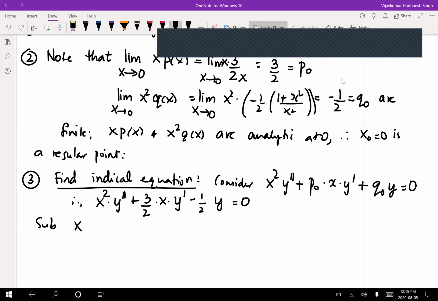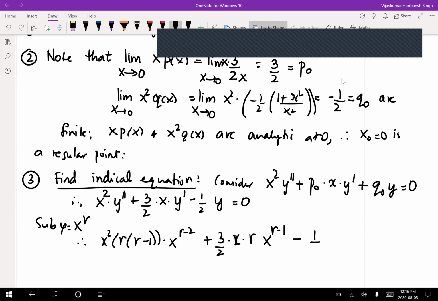Now to find the indicial equation, substitute y equals x to the r. Therefore we get x squared times r into r minus 1 times x to the power r minus 2, plus 3/2 times x into r x to the power r minus 1, minus half x to the r equals 0.